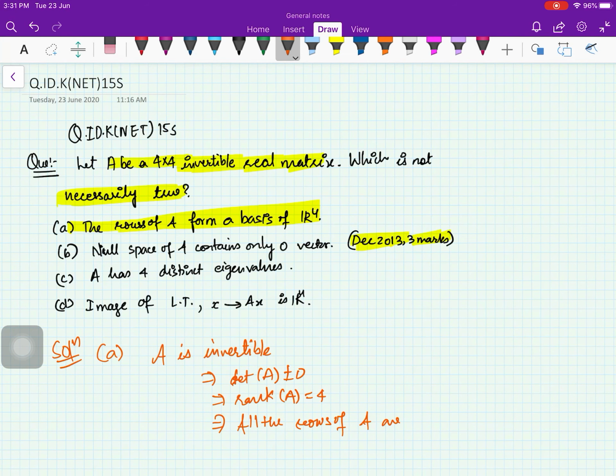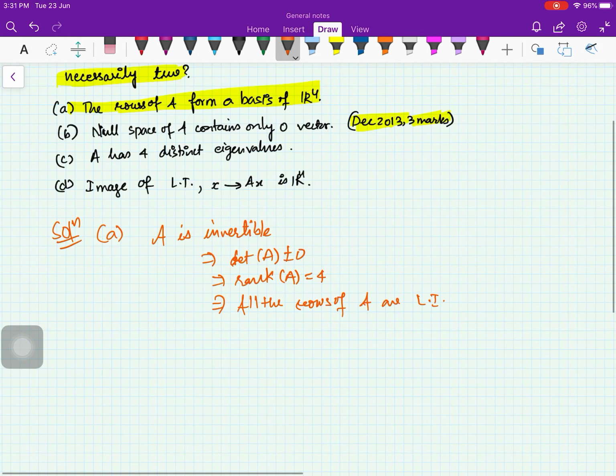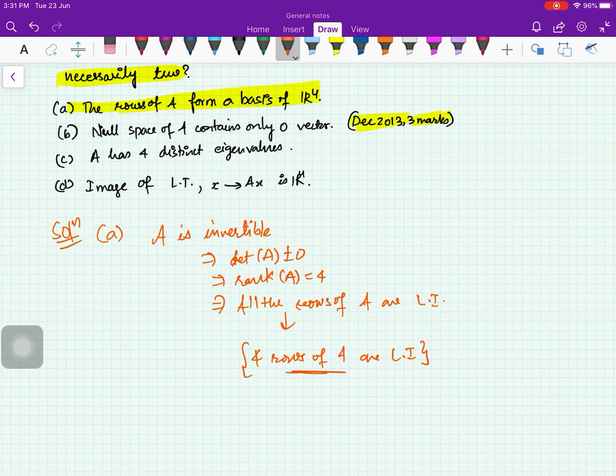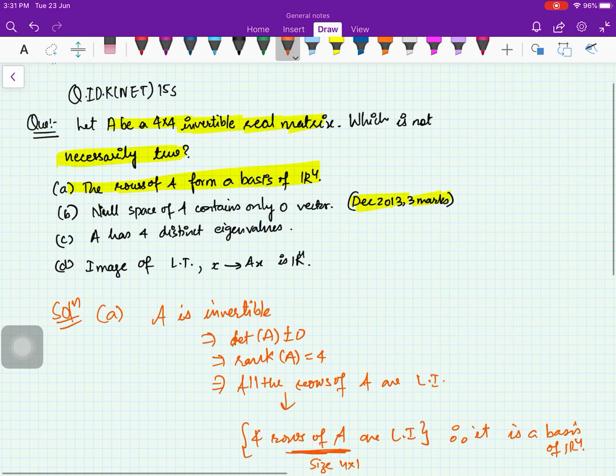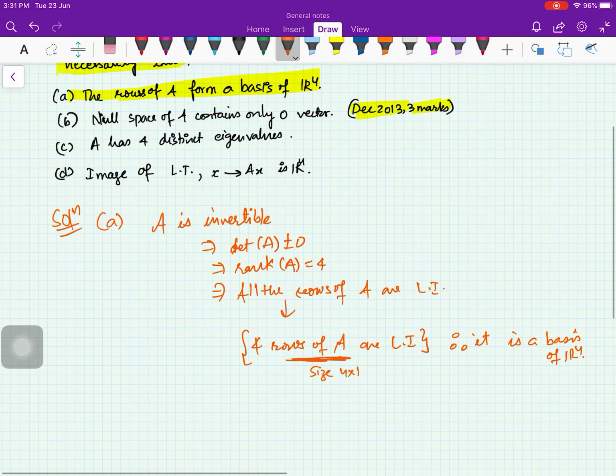So you get 4 vectors, 4 rows of A that are linearly independent, and each is of size 4 cross 1. So these are vectors in R4. Therefore, it is a basis of R4. So the first statement is correct. And we have to find the not true statement. So the first statement is true.